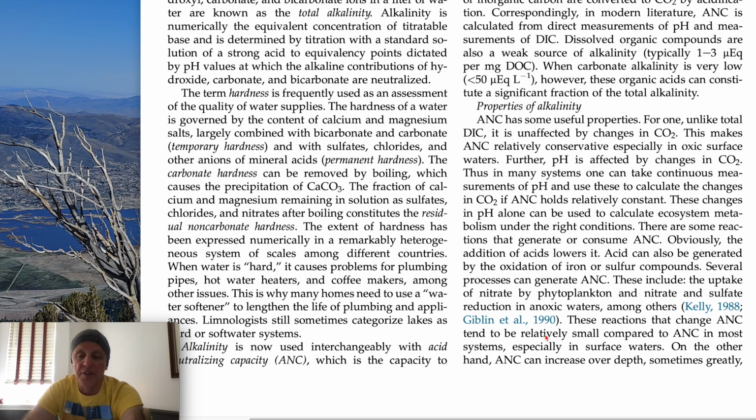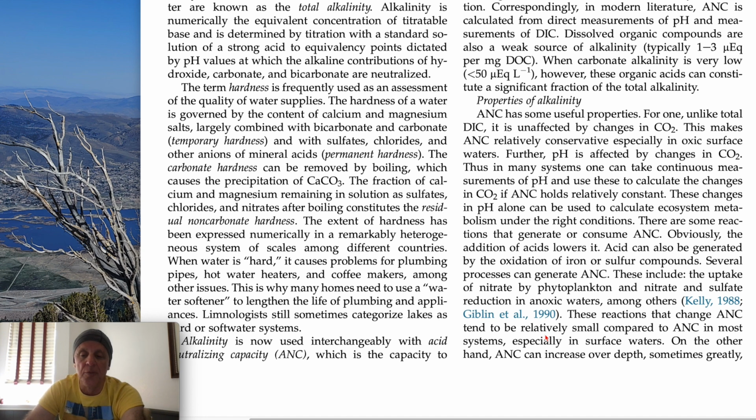There are some reactions that generate or consume ANC. Obviously, the addition of acids lowers it. Acids can also be generated by the oxidation of iron or sulfur compounds. Several processes can generate ANC. These include the uptake of nitrate by phytoplankton and nitrate and sulfate reduction in anoxic waters, among others.